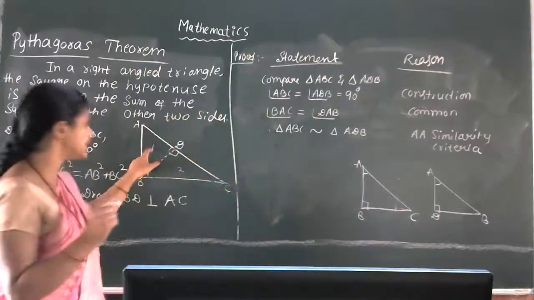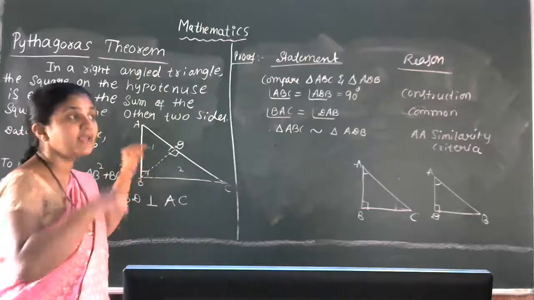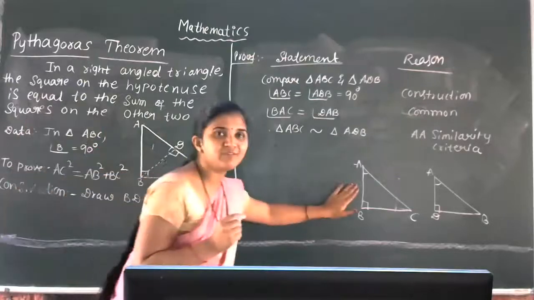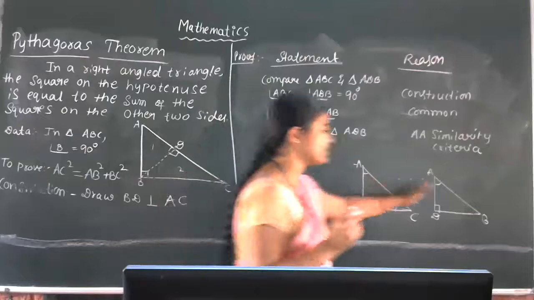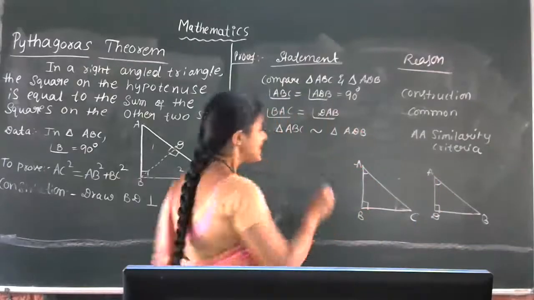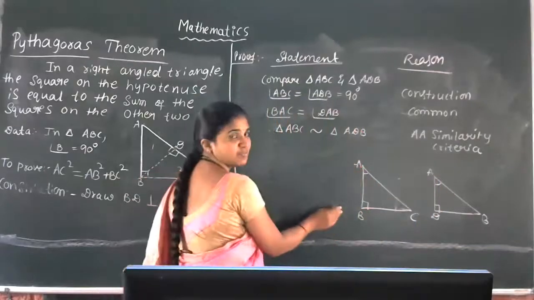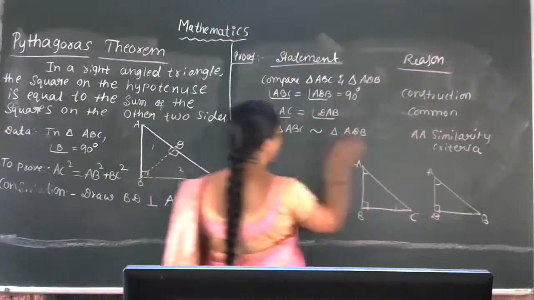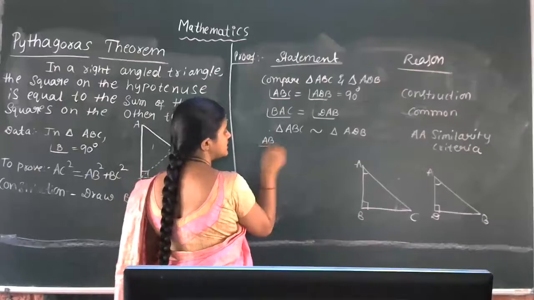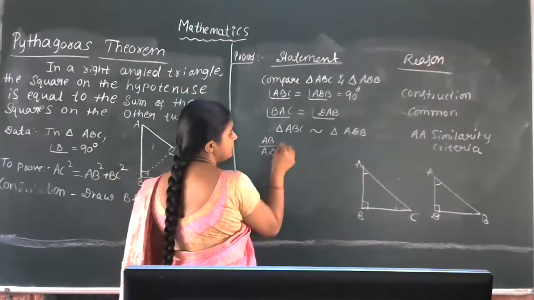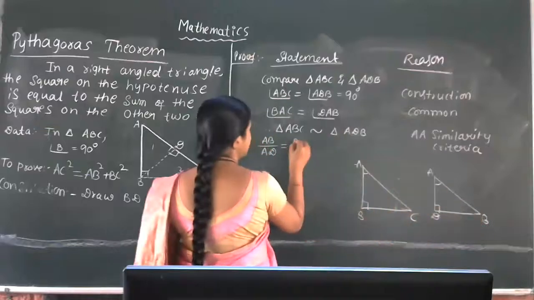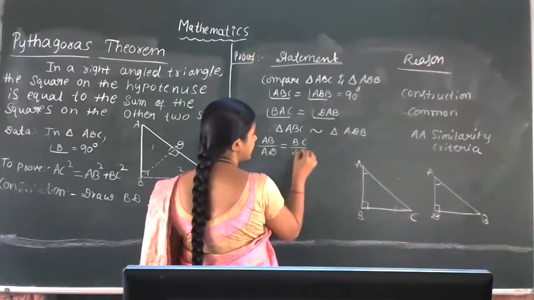When two triangles are similar, their corresponding sides are in proportion. According to that, AB by AD is equal to BC by DB which is equal to AC by AB. Just neglect BC by DB. Only take AB by AD which is equal to AC by AB. Then cross multiply: AB into AB, AB square, which is equal to AD into AC. This is step 1. Call this equation number 1.